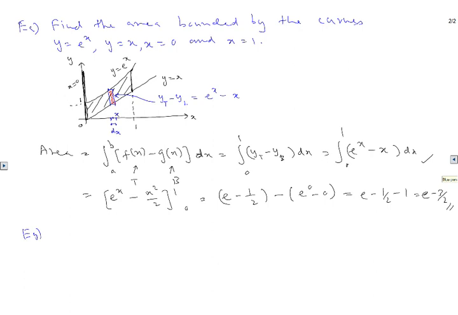So find the area bounded by the parabolas y equal x squared and y equal 2x minus x squared.